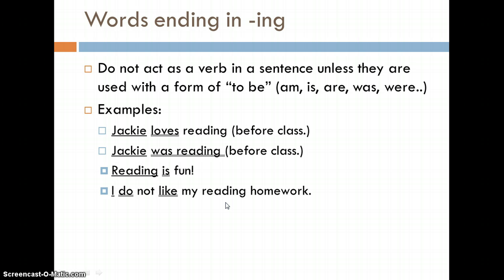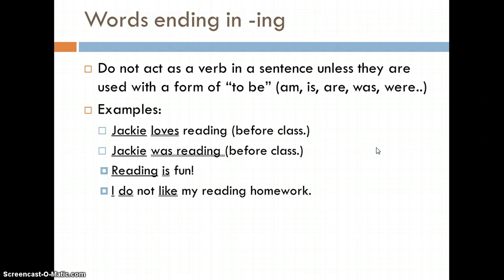In this case, it's actually acting as an adjective because it's describing the homework. Which homework are we talking about? What kind of homework are we talking about? We are talking about reading homework. So the important thing to remember here is that in order for a word that is ending in ing to actually be used as a verb, it needs to be used with a form of to be.